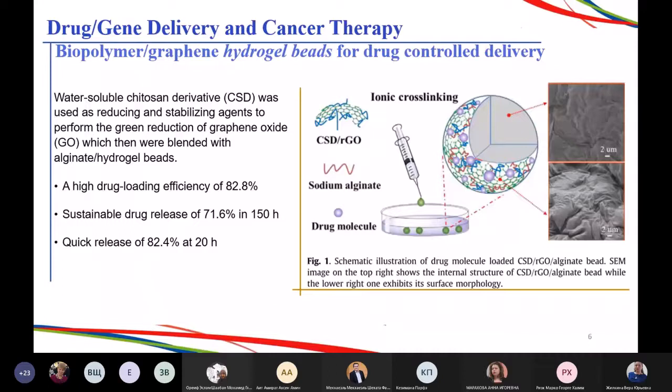This formula showed a great drug loading efficacy for the small molecule fluorescein sodium, with sustainable drug release of 71.6% in 150 hours at physiological pH, while quick release in an acidic medium.